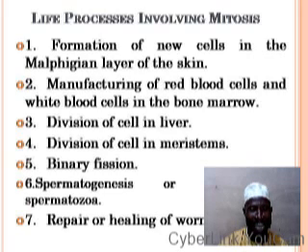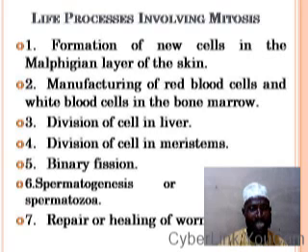These two main layers are epidermis and dermis, and the epidermis is subdivided into three layers. One of these three layers is the malpighian layer, and the formation of new cells in this layer of the skin is one of the life processes involving mitosis.